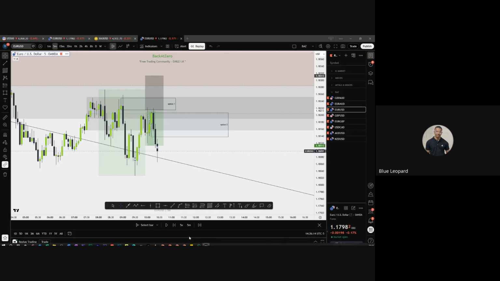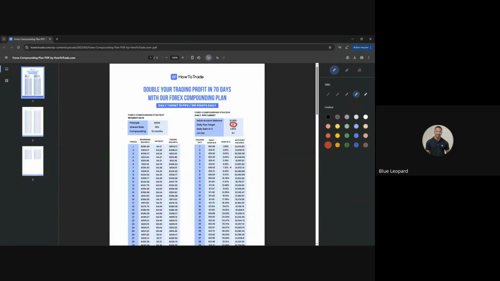Now, let's go back to what we were looking at. So I was saying that all you need to do is to have 10 pips per day, okay? 10 pips per day. Daily gain in percentage is 1%. So you just risk 1% of your account and you have that lot size.